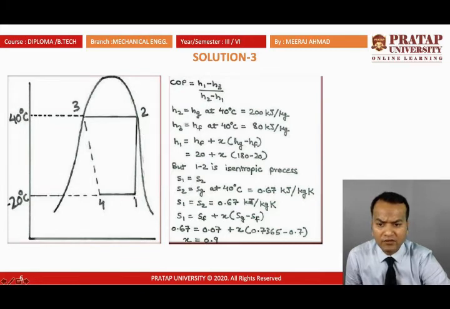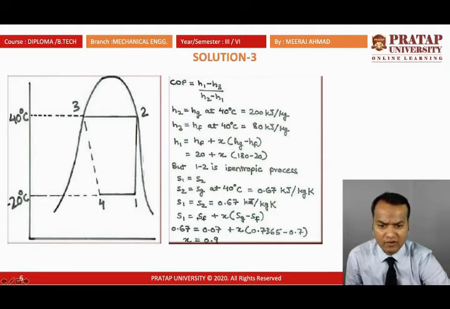But how can you write the value of S1? S1 is equal to SF plus X bracket Sg minus SF, and this Sg and SF value is given in the table at temperature of minus 20 degrees Celsius.